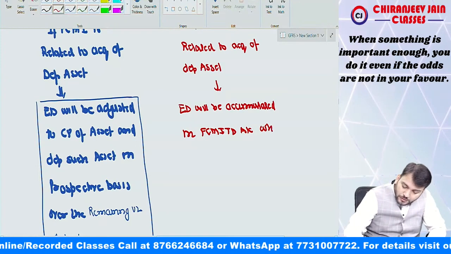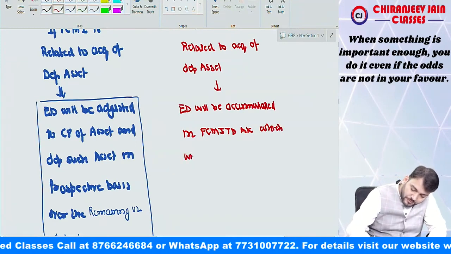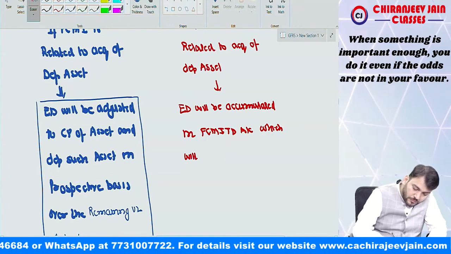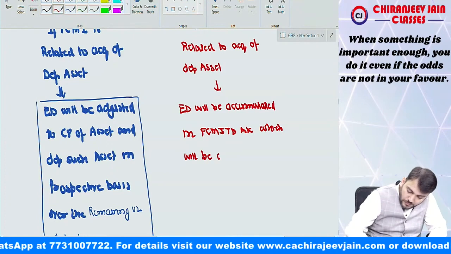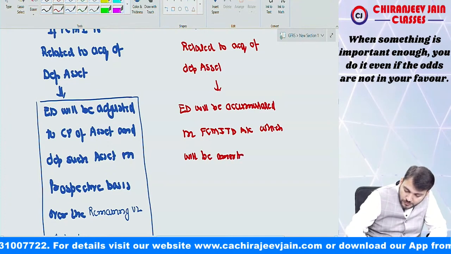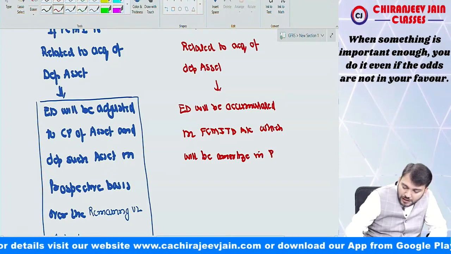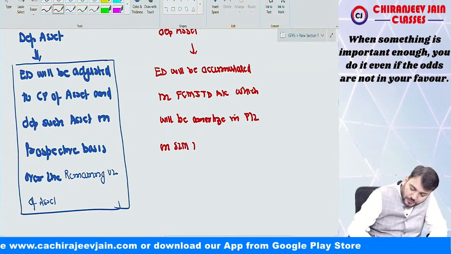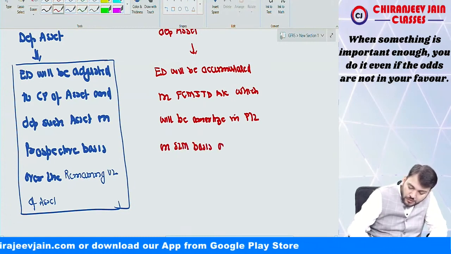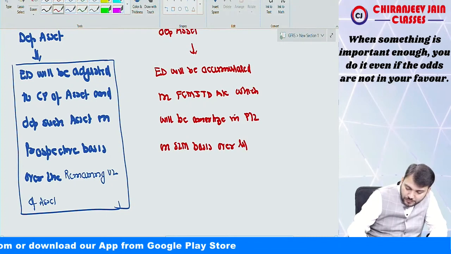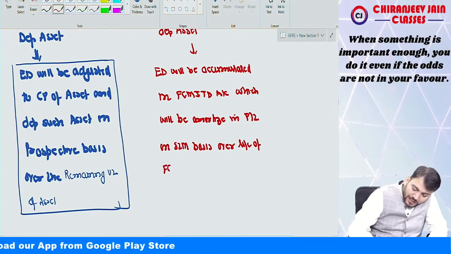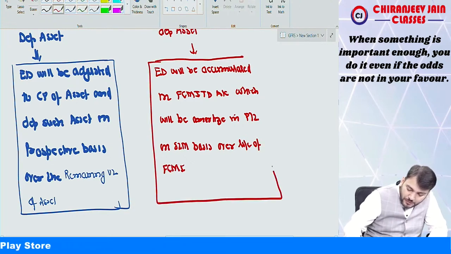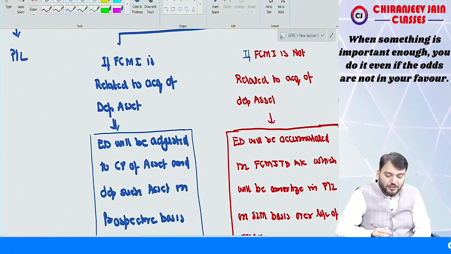Correct? Which will be amortized in P&L on an SLM basis over the life of the foreign currency monetary item. So this was the option given. Correct? Understood?